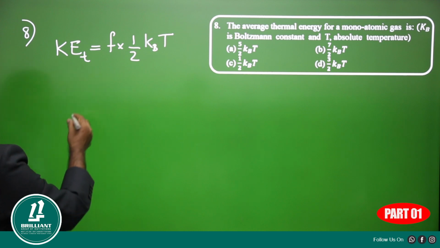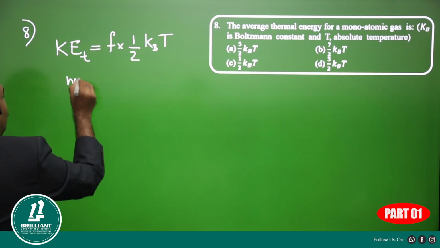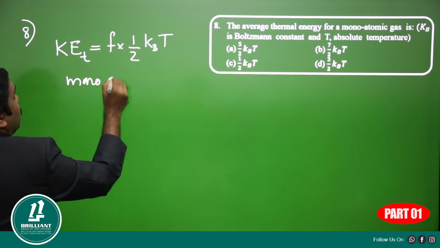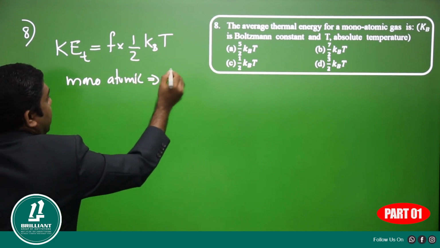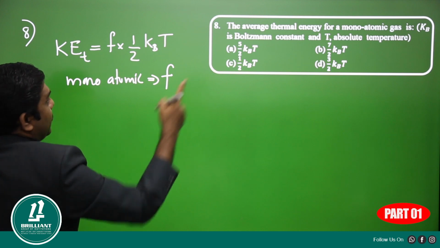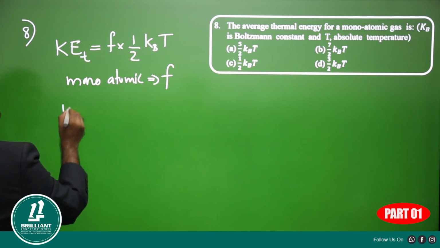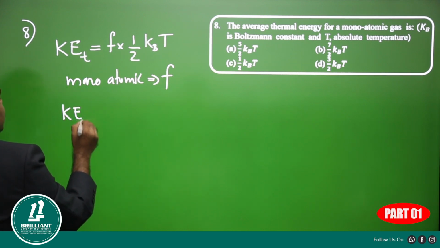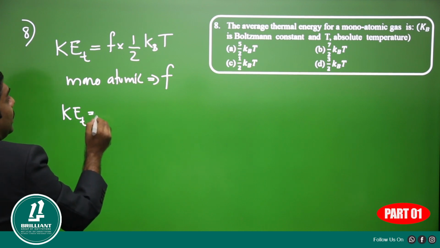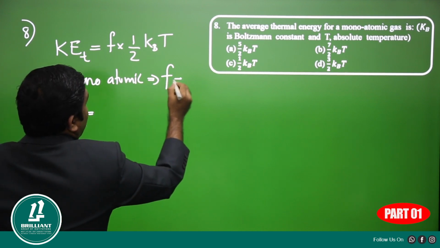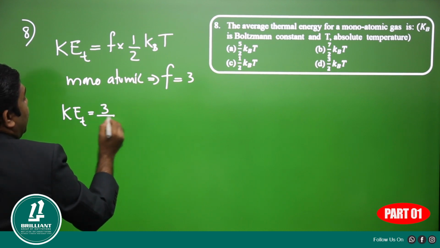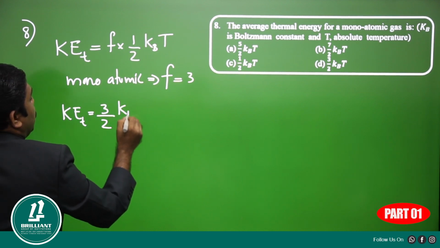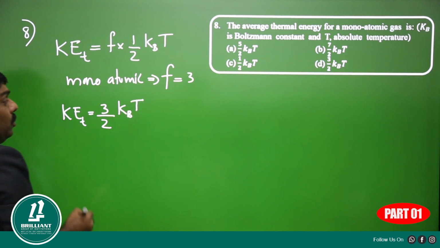For a monoatomic gas molecule, degrees of freedom is f. Here it is monoatomic, given. So KE is equal to f times half kBT, f is equal to 3, so we can say that is 3 by 2 kBT.